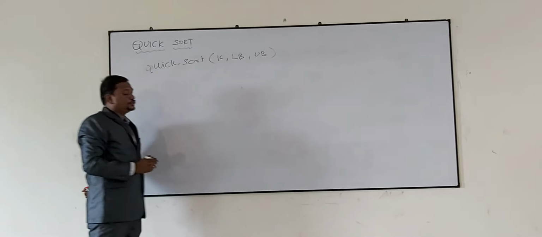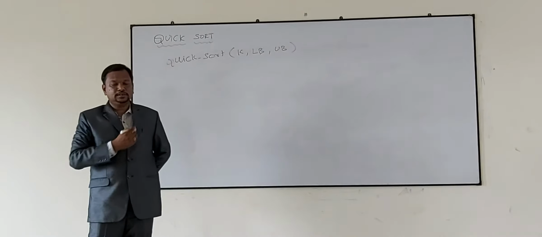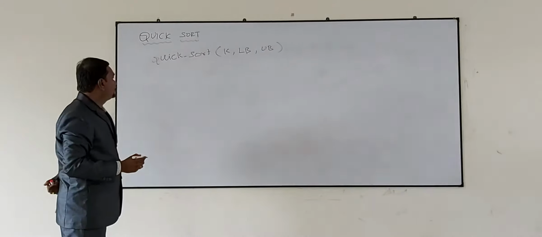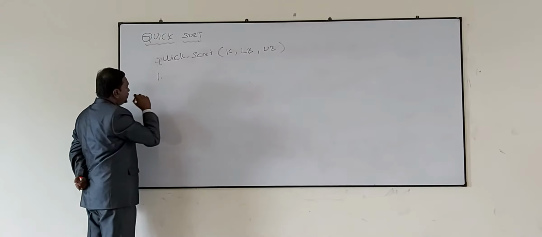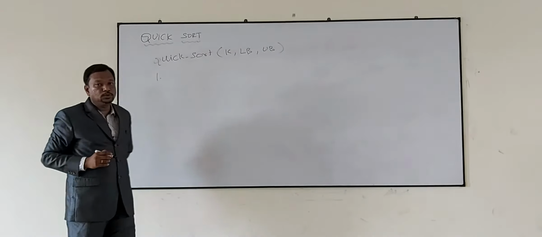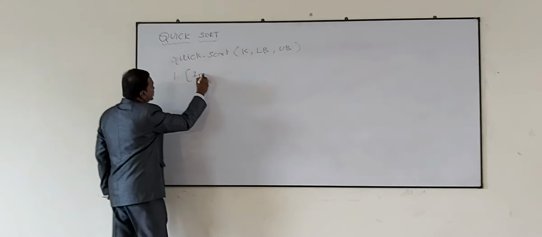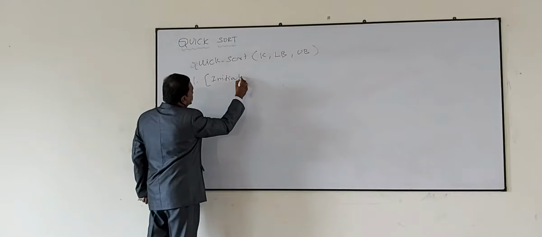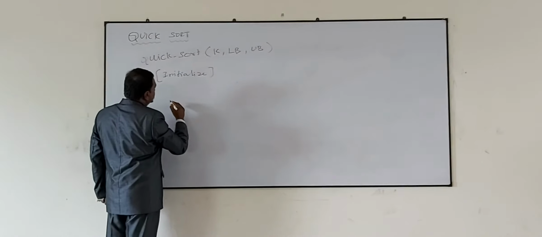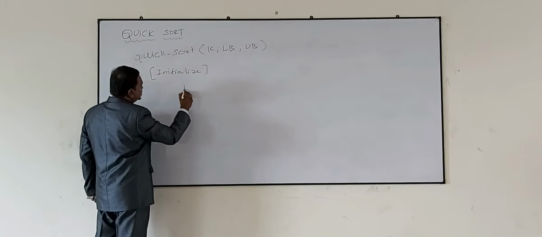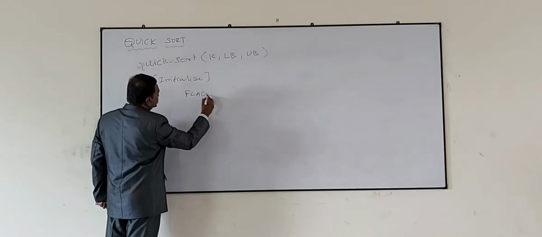So this is the position. Lower bound is the starting position, upper bound is the ending position. The three-step process we can do the quick sort method. First is the initialize. The flag is set as true.